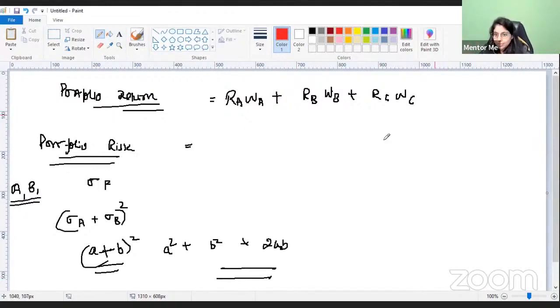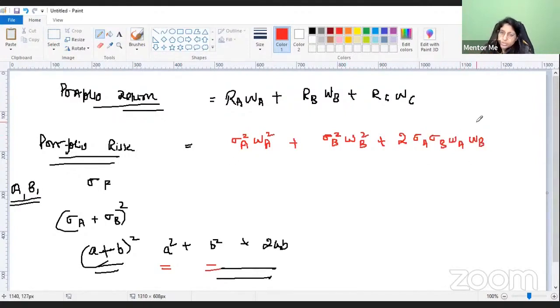In this example, let's say A and B. So standard deviation A squared into the weight of A squared, this is a square in our expression, plus standard deviation B squared into weight B squared, this is b square in our expression, plus 2 into standard deviation A into standard deviation B into weight A into weight B. One more thing will be added, and that is correlation.